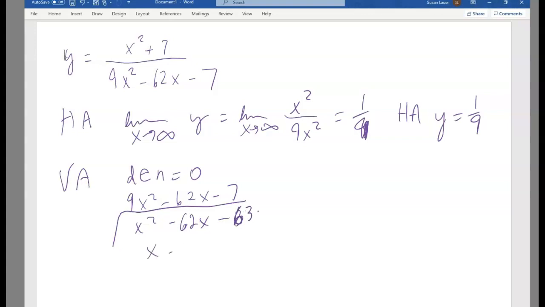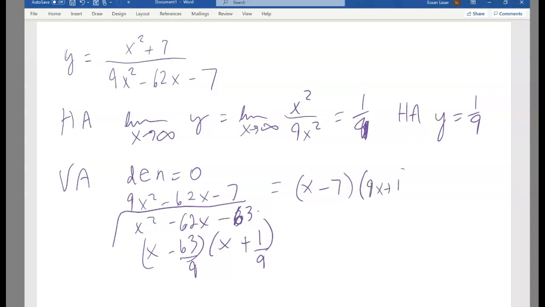So this is (x minus 63) times (x plus 1), divided by 9, divided by 9. And this gives me (x minus 7) times, this should be a plus over here, right? Minus 63 plus 1 times (9x plus 1).